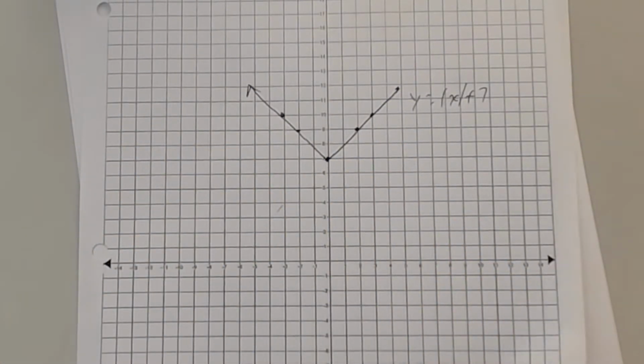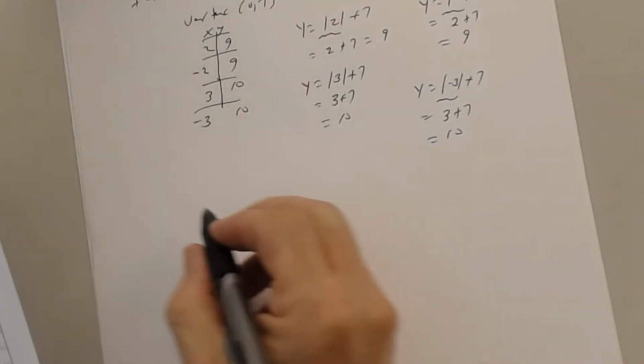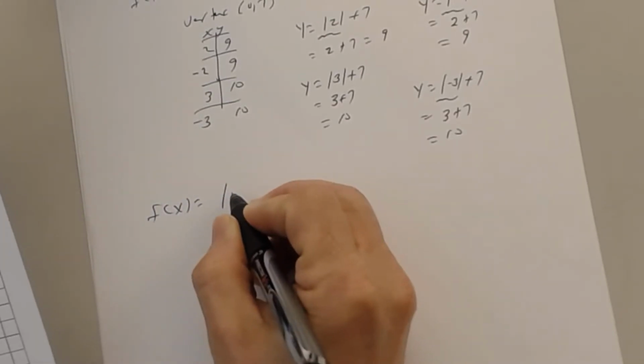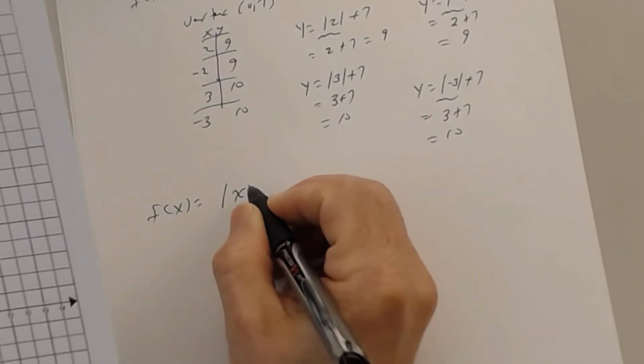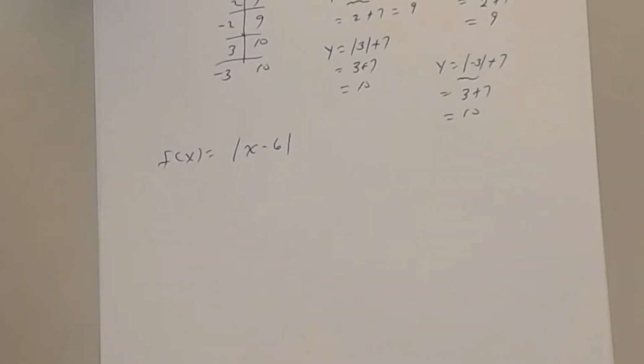All right, let's look at this one. Suppose I had f of x equals the absolute value of x minus 6, like this. Now, always ask yourself, is this going to involve a horizontal shift or a vertical shift? Horizontal, because the number is on the inside of my parent function.